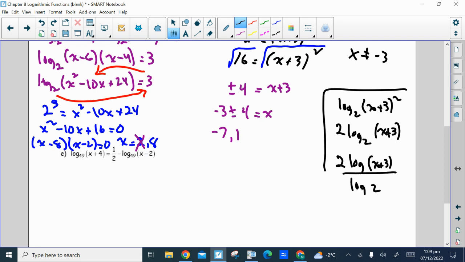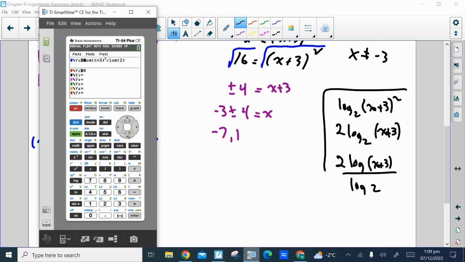Let's see if that changes anything. So my first equation will be 2 times the log of x plus 3 divided by the log of 2. And that should equal 4.